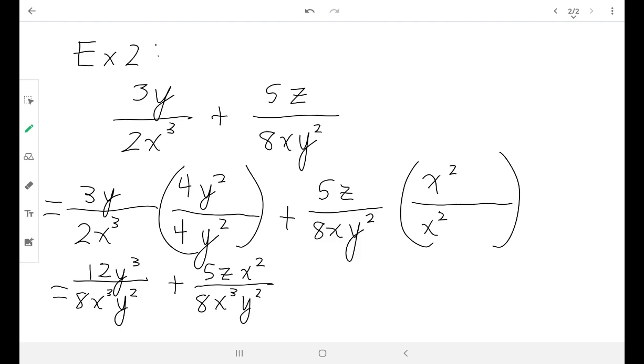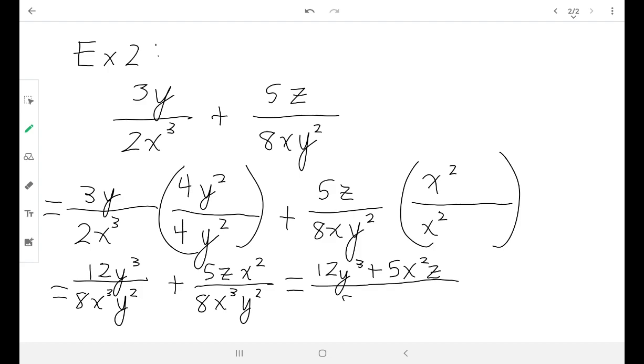So once I've done that multiplication, I can glance back at it and say, okay, yes, my 2 denominators are indeed the same, which means I can add the tops. And so I'll do 12y cubed plus, let's call it 5x squared z, so I'm doing things in alphabetical order.